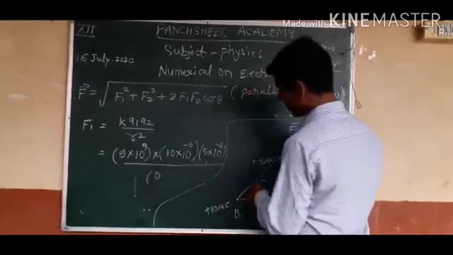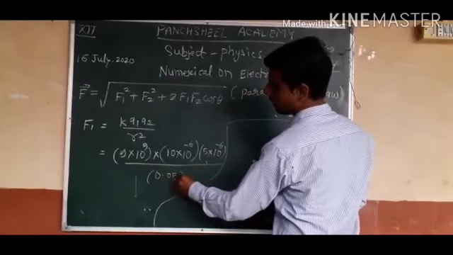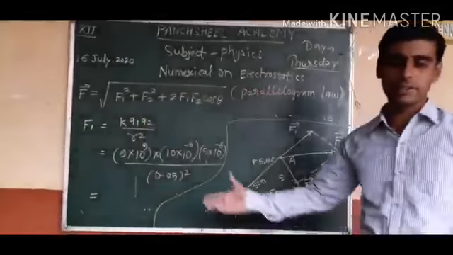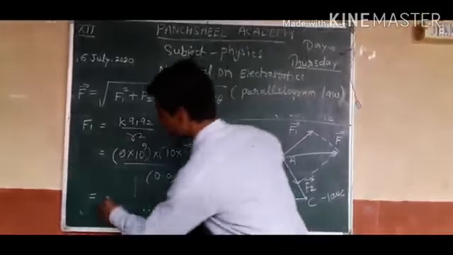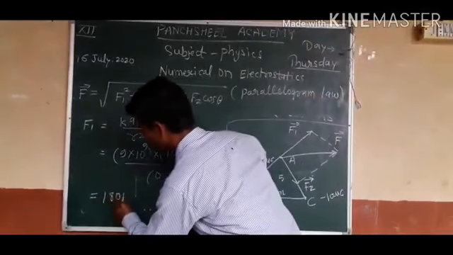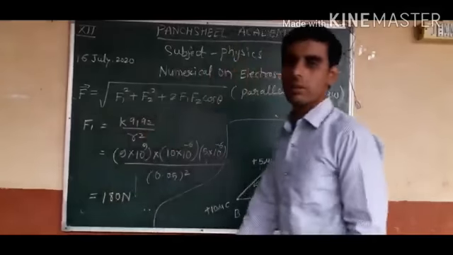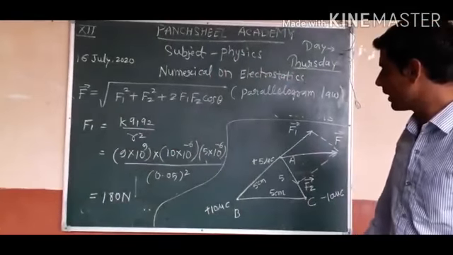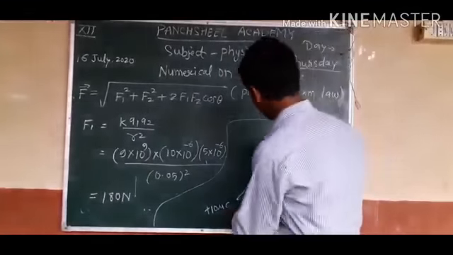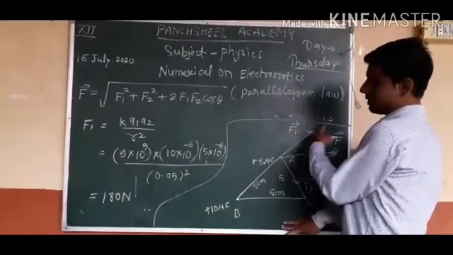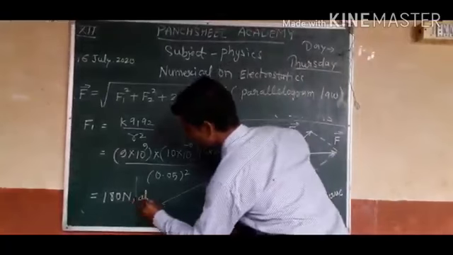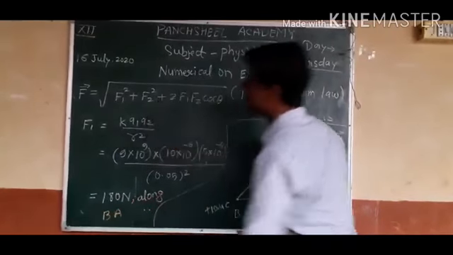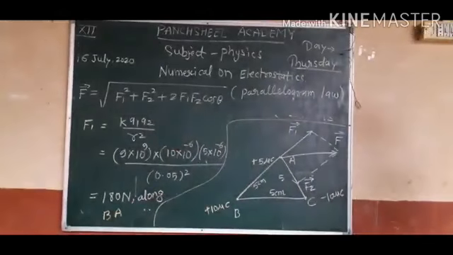R is 5 centimeter, that is 0.05 whole square. If you calculate these things, you will get the answer 180 Newton, because force is always measured in Newton. And what is the direction of F1? F1 is along BA.